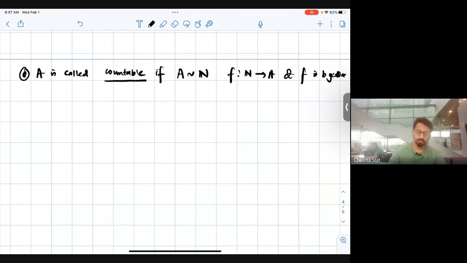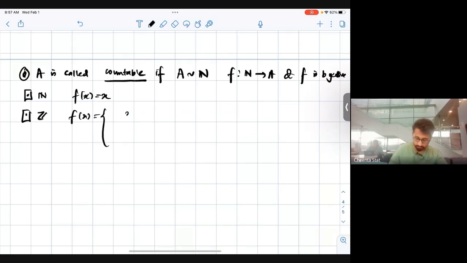So the easiest example of a countable set is the natural numbers, because f(x) in that case is equal to x. For Z, we have already seen a function f(x). You can prove that it's 1-to-1 and bijective here. Let's check other examples.